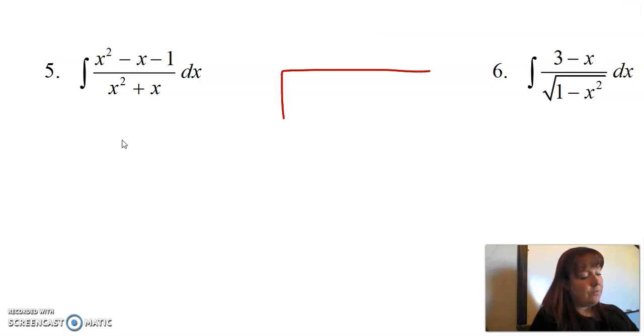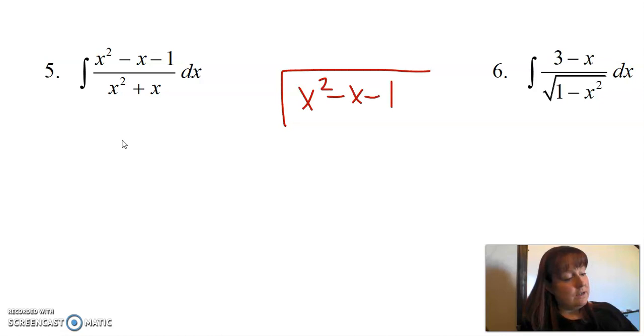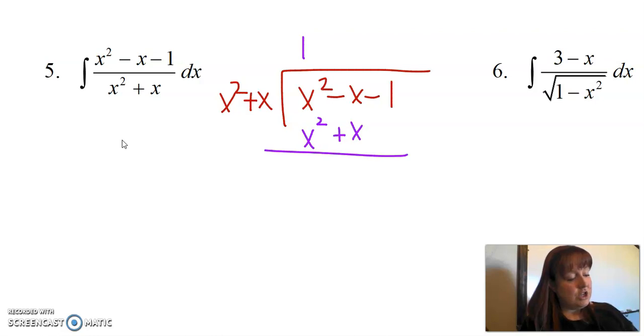Okay, so we have x squared minus x minus 1 divided by x squared plus x. So x squared goes into x squared 1 time, and we have x squared plus x. We change the signs, and we end up with negative 2x minus 1.